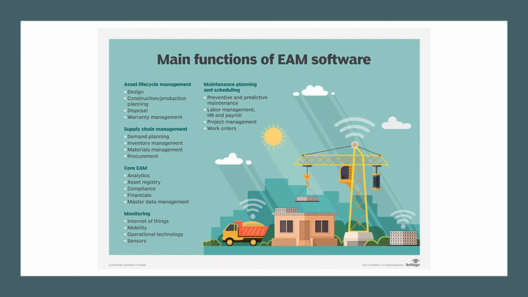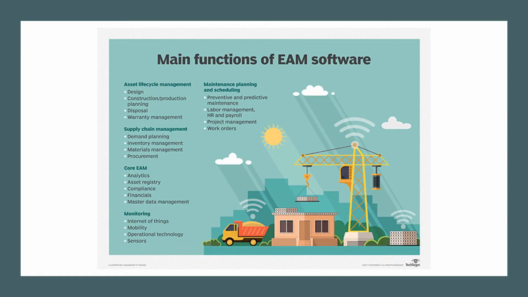And then it also has the supply chain management, iaitu it looks from the aspect of the demand planning, the inventory management, materials management, procurement dan sebagainya. The core of this EAM software ni, saya bagi contoh, of course analytics, asset registry, compliance, financials, master data management.